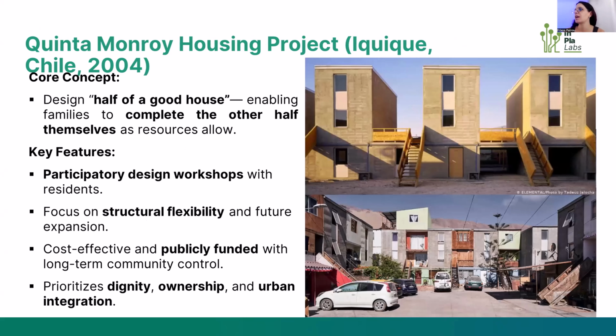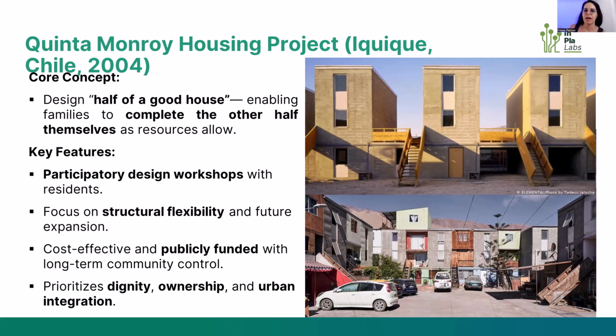He introduced the concept of half of a good house because he was called to create social housing in Chile, where the budget was very limited for each family. So he decided to use this amount and create a significant part of all the necessary utilities that a good house should have: bathroom, kitchen, and bedroom.